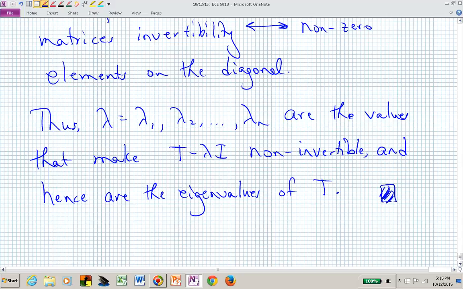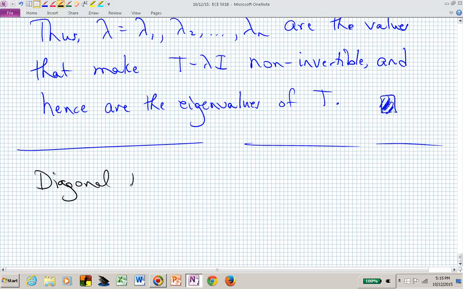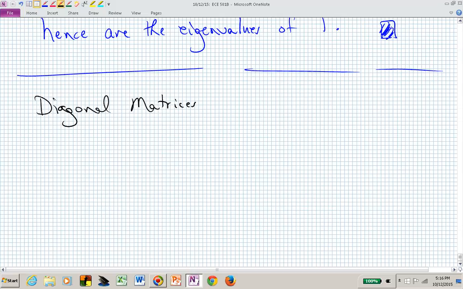So now what I'm going to tell you to pursue are the results that remain in Chapter 5 dealing with diagonal matrices, which now we can show if we have a linearly independent set of basis vectors. Well, that's by definition a linearly independent and spanning basis, which is our eigenvectors.